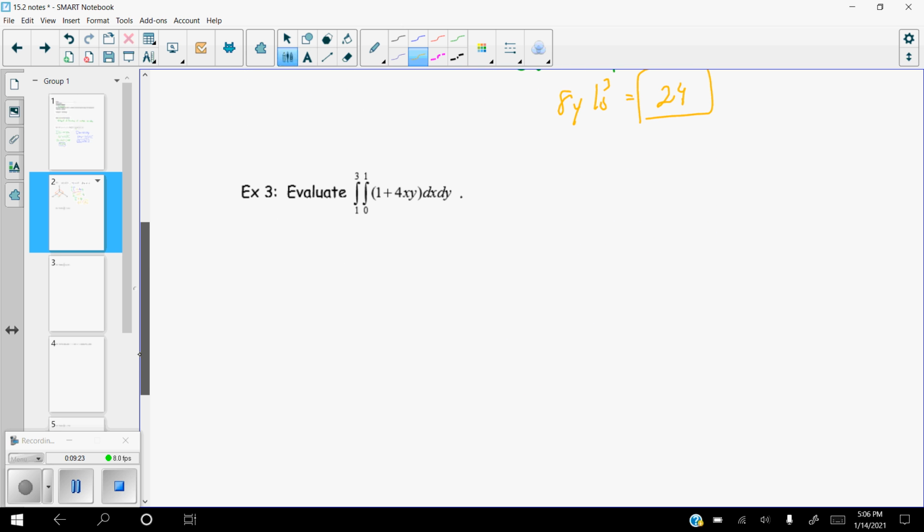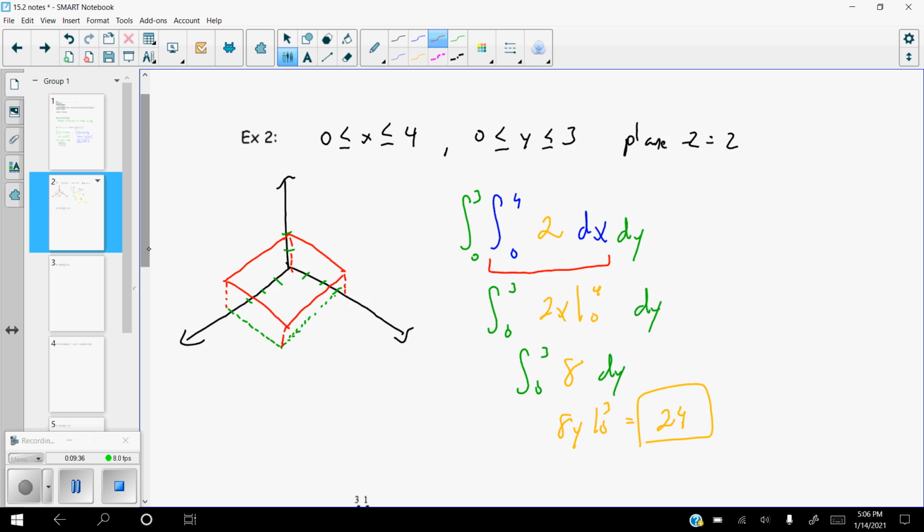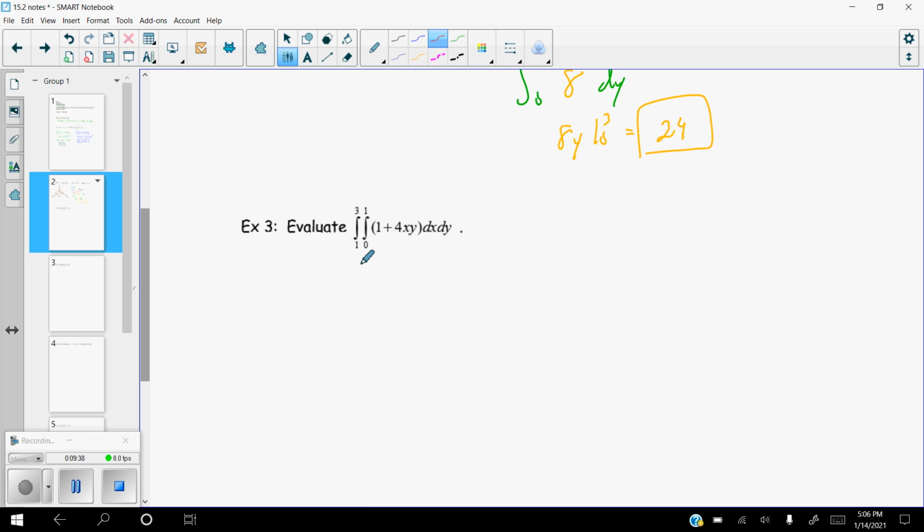Now let's do the double integral from 1 to 3, 0 to 1 of 1 plus 4xy dx dy. So again, the important thing is do the part first that it says to do first. It says to do this part, which is the integral from 0 to 1 with respect to x. So let's take an antiderivative with respect to x.